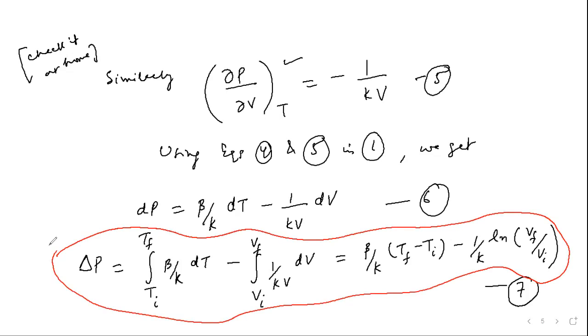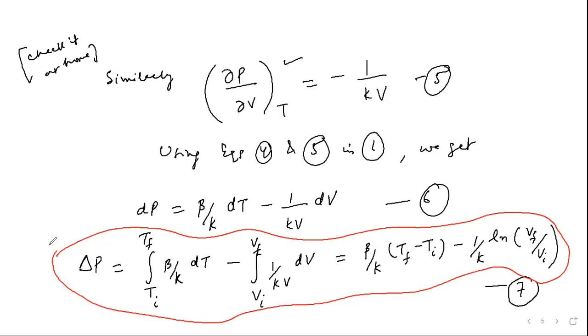We obtained a beautiful equation. And I must mention here that this equation holds if delta T and delta V are small enough that beta and K are constant over the range of integration, right?